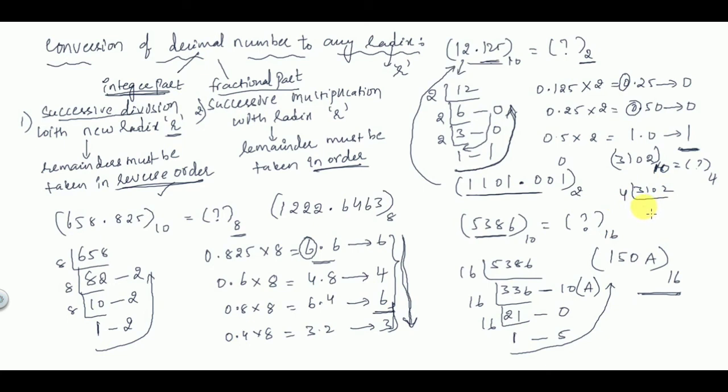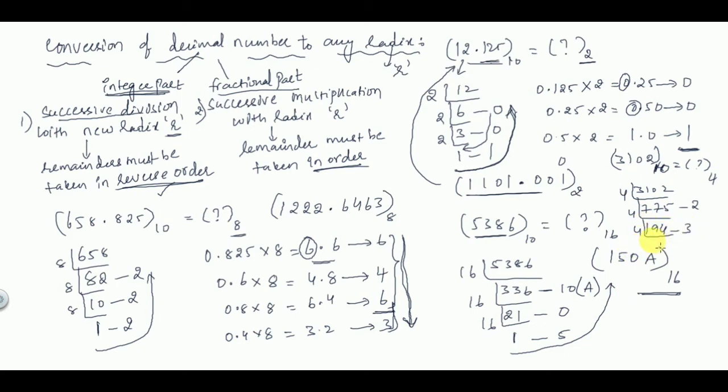4 7s are 28, so 30 is left over. 4 7s are 28 again, and 22 is left over. 4 5s are 20, so the remainder is 2. Again divide by 4: 4 1s are 4, so you'll get 37. 4 9s are 36, you'll get 15. 4 4s are 12, so the remainder is 3.